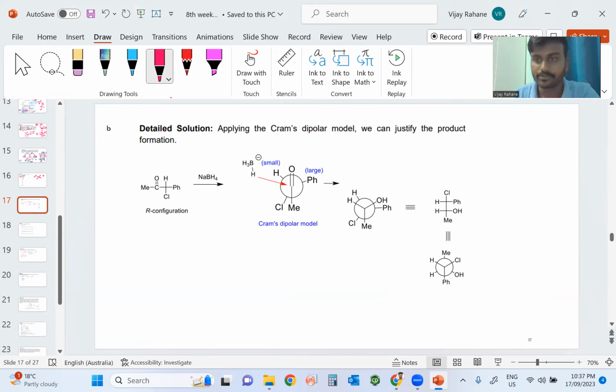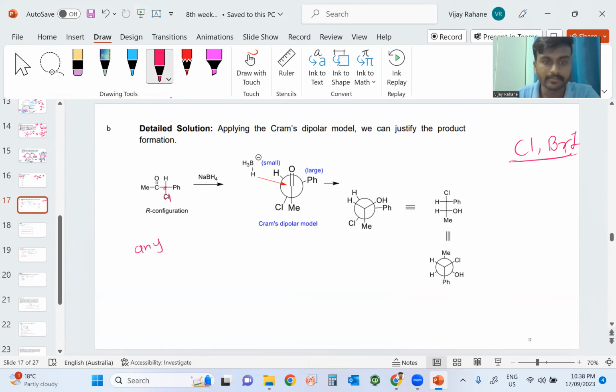While applying the Cram model, we have to consider the halide. Whenever we have chloride, bromide, or iodide in the molecule, on the carbon atom adjacent to this one, and you can see here it has the chloride, you have to draw very carefully.